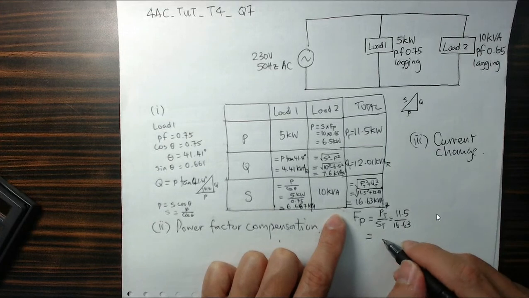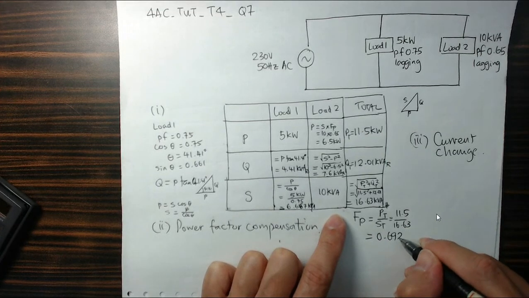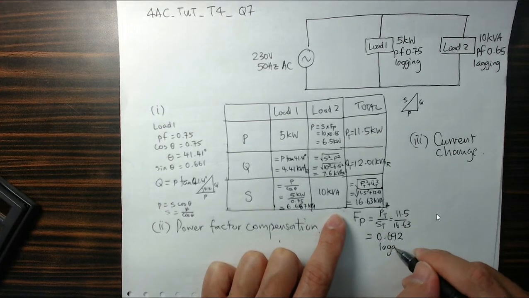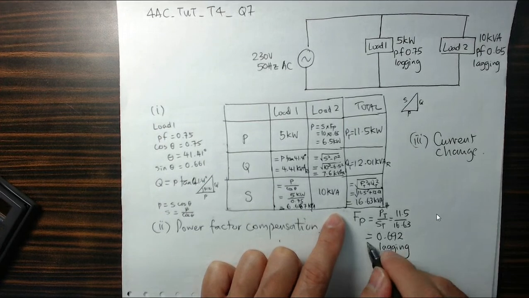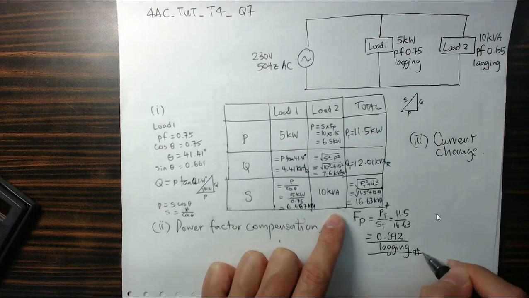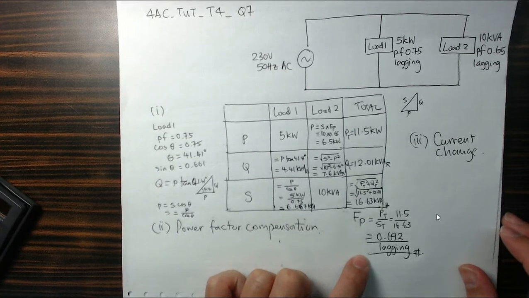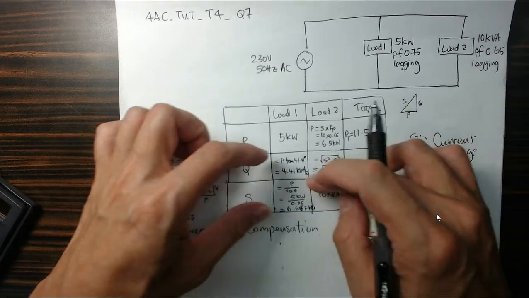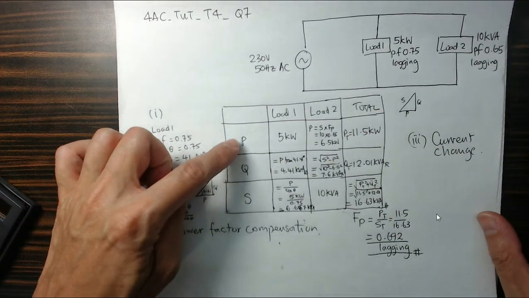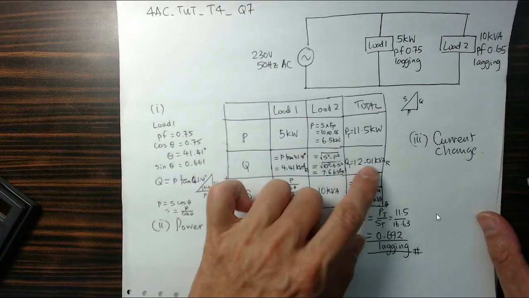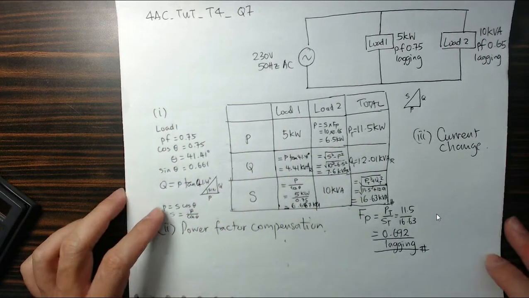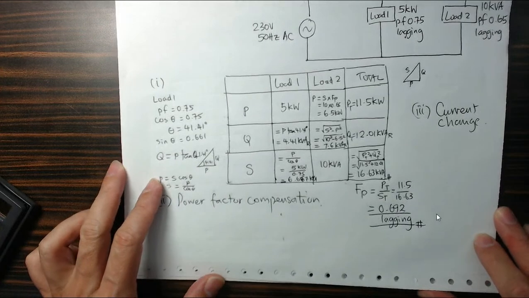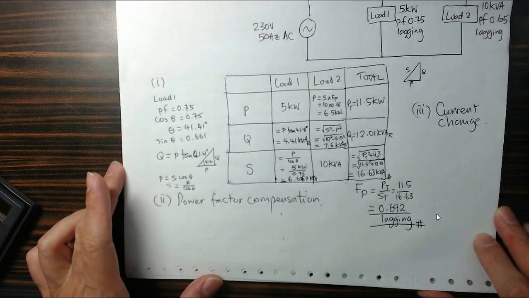So the overall power factor is 0.692, lagging because of the inductive load. So I have the power factor, and I have the original circuit's real power, reactive power, and the apparent power. Alright, so that's the first part of the question.